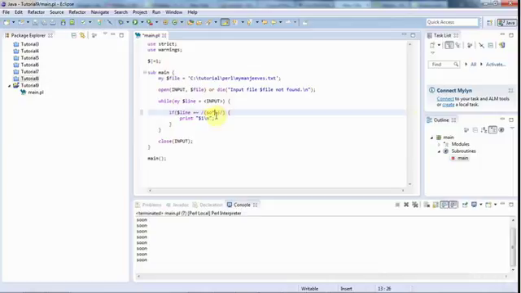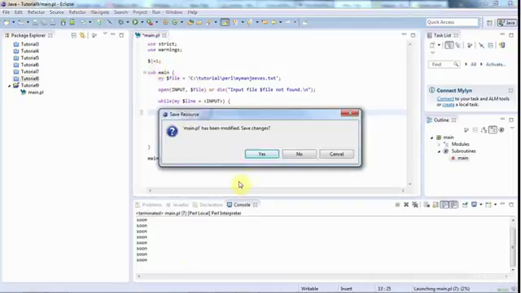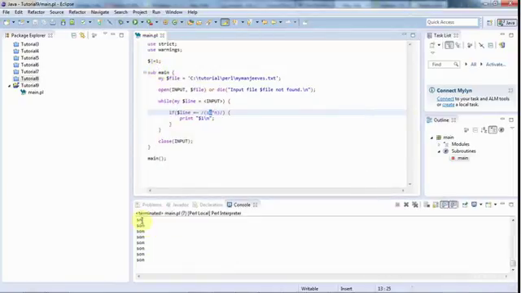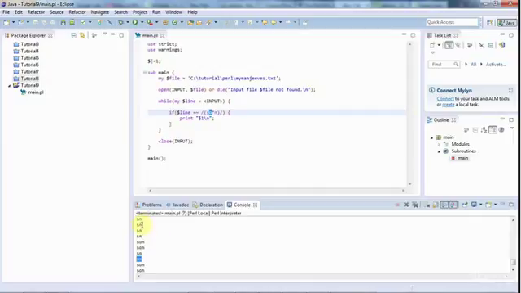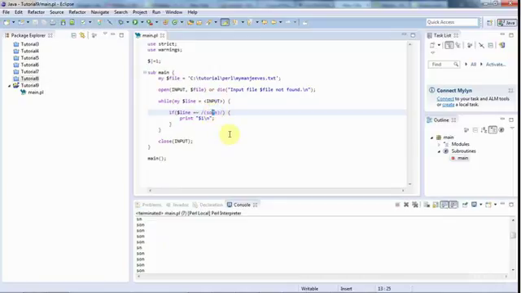Then I put a star, and star says match 0 or more of the preceding character. If I run this now, I get SN, that's 0, and you can see I'm matching 1 O, and there are going to be examples in here somewhere of 2 O's, and if there were rows of 3 O's in the file, which there probably aren't, then we would match those as well. So asterisk here is the most useful quantifier, and it means 0 or more of the preceding.